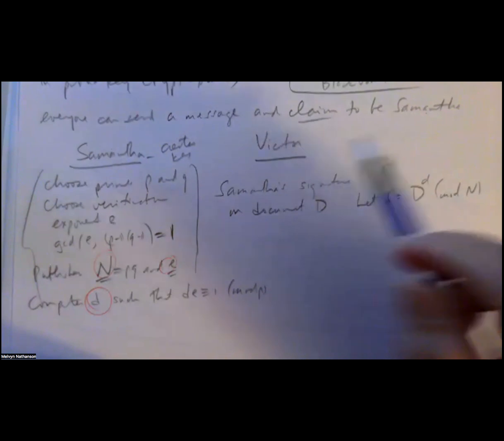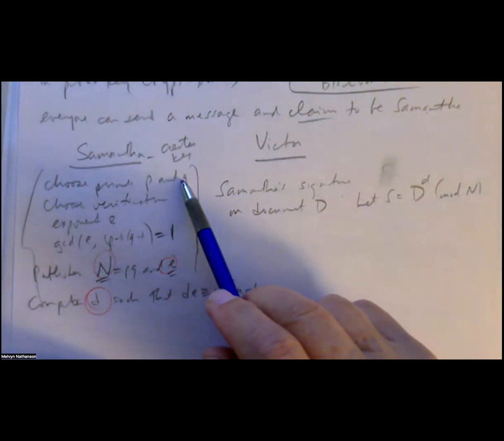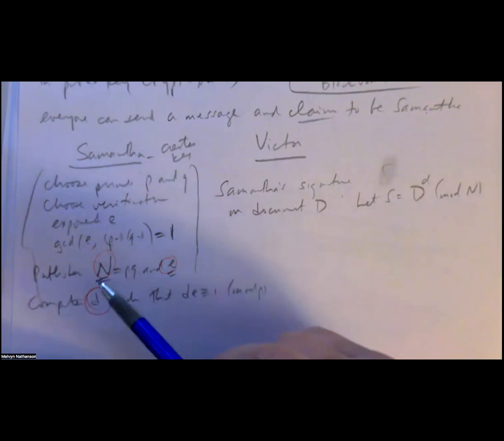So Samantha chooses the primes P and Q. She doesn't tell anyone what they are, but she multiplies them to get the number N that she publishes.